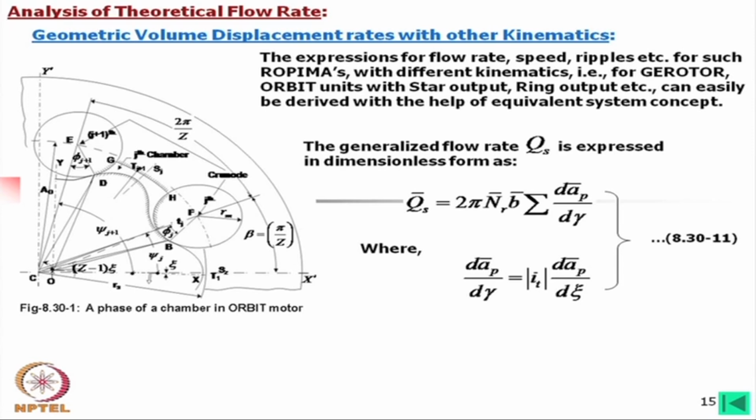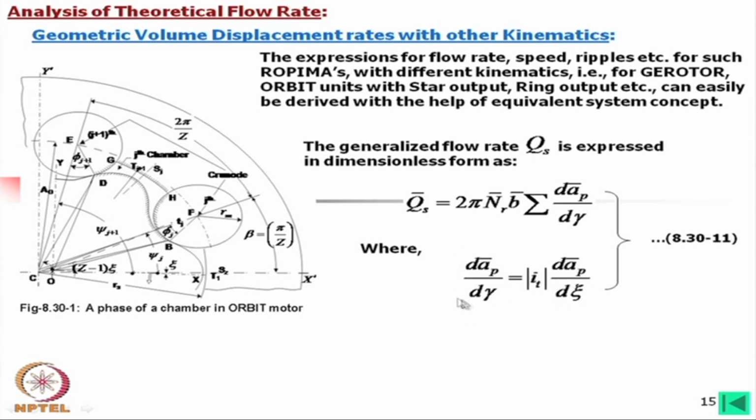So, if you would like to use this formula directly, you have to know this transmission ratio in terms of the gearing between the star and ring, which is available in tabulated form in one of the references. Obviously, in case of the orbit motor, we will put this as 1.